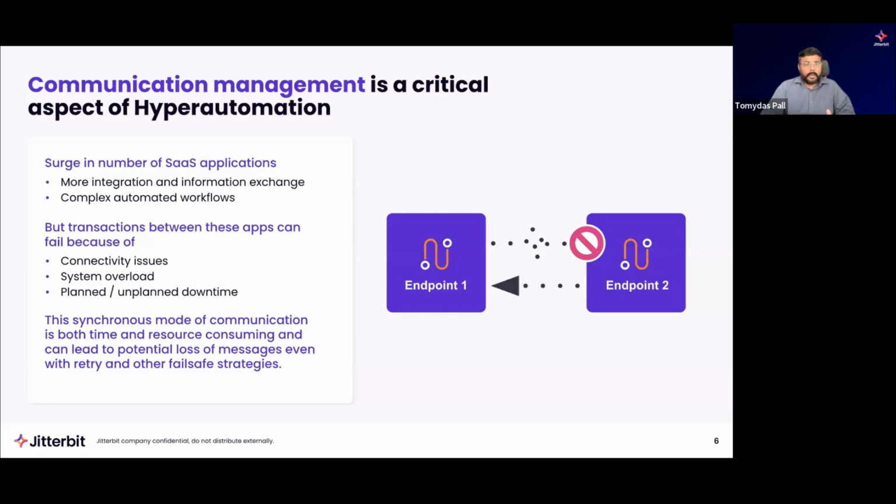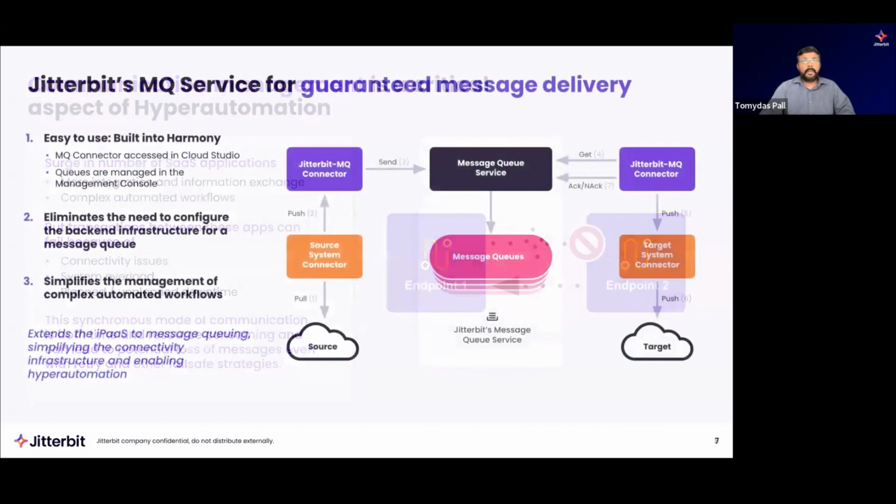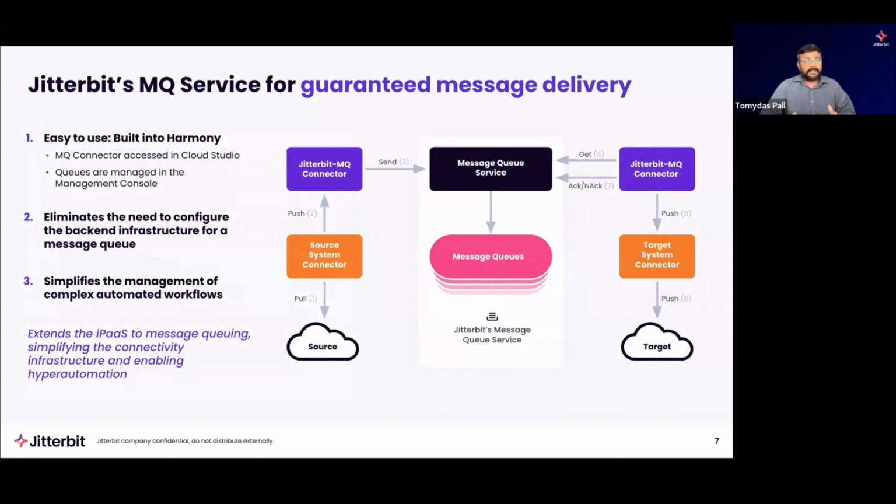Looking at all these different challenges of having to communicate across applications, manage performance, large transaction needs, as well as uptime and downtime, as well as guaranteed delivery, we think that puts the case for message queuing.